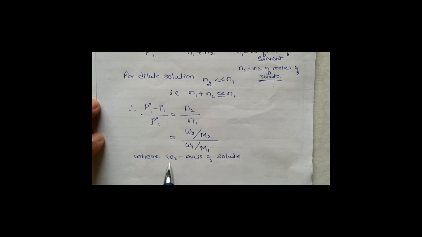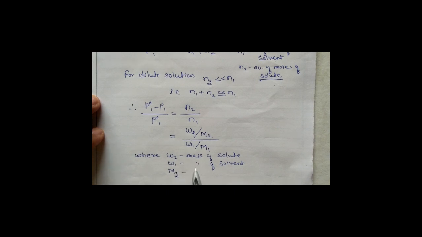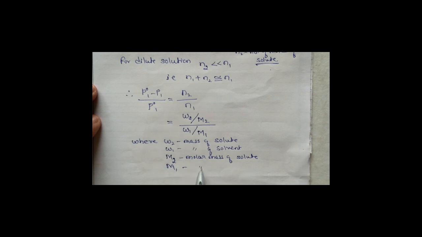W2 is the mass of solute, W1 is the mass of solvent. Then M2 is the molar mass of 2, meaning solute. Then M1 is the molar mass of solvent.